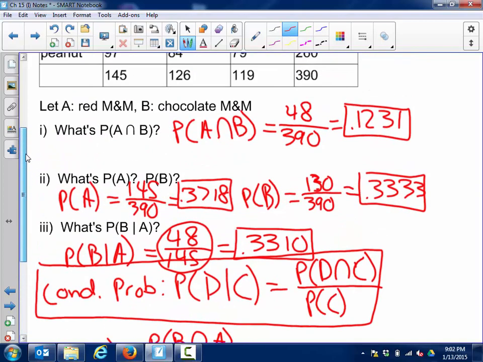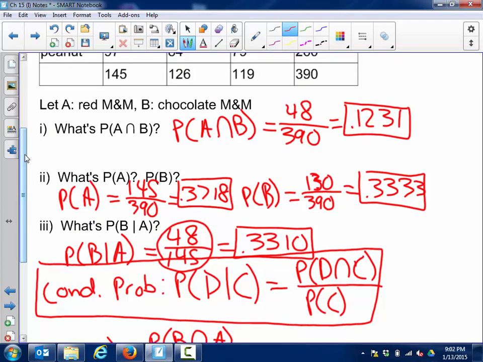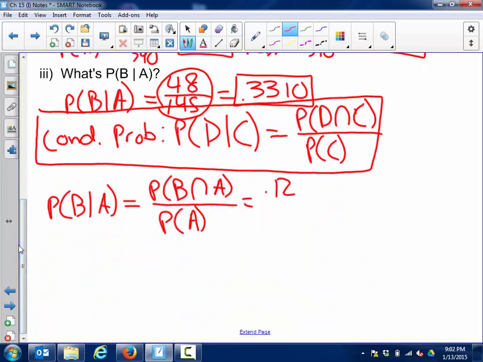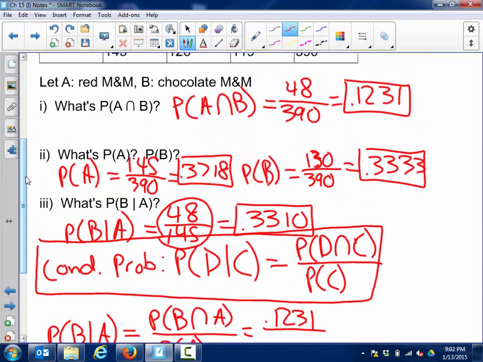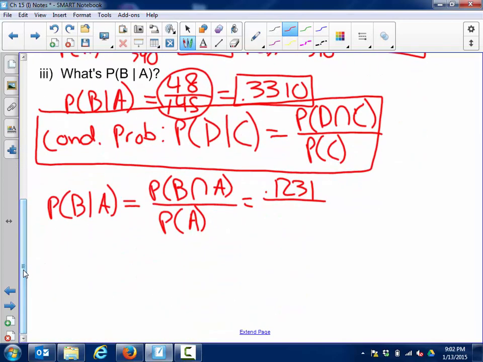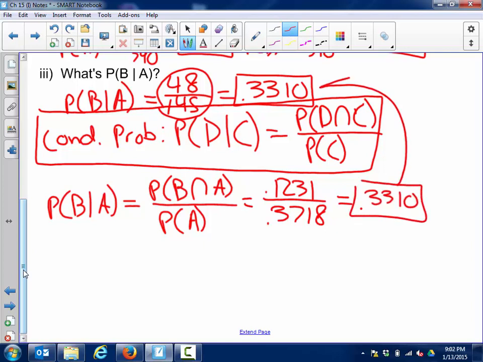Well, we found those probabilities above. The probability of their intersection, up top, we found to be 0.1231. Divide through by the probability that we've chosen a red M&M, which was 0.3718. And when you simplify that, you get 0.3310.